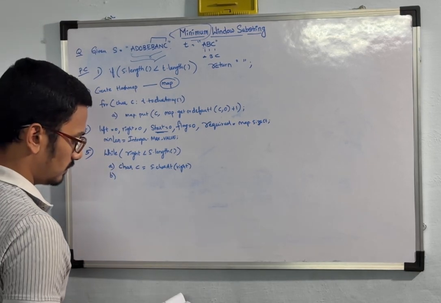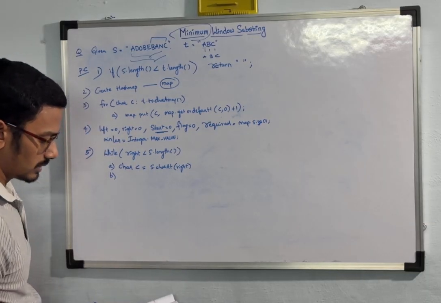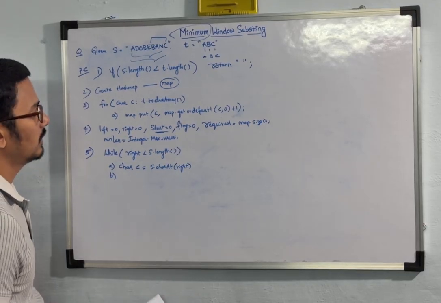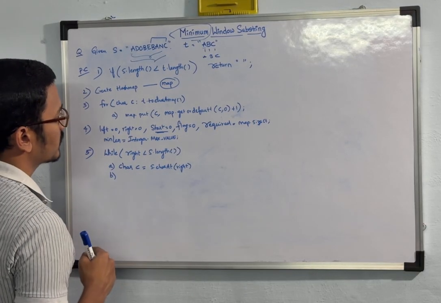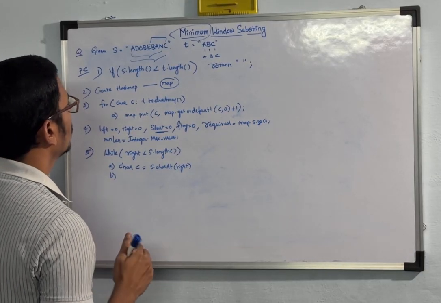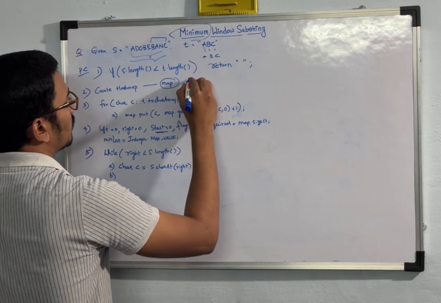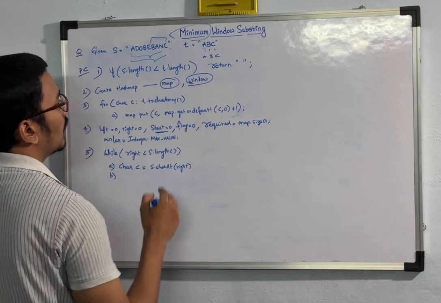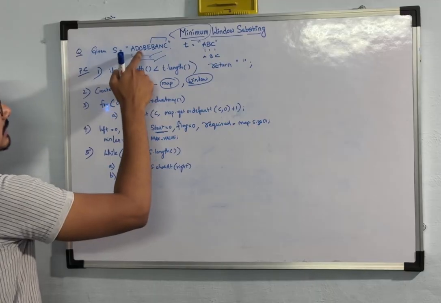Next, what I'm doing is window dot. I missed one more point here. Create one more hash map, window, as well. These will be helpful in storing these mappings.